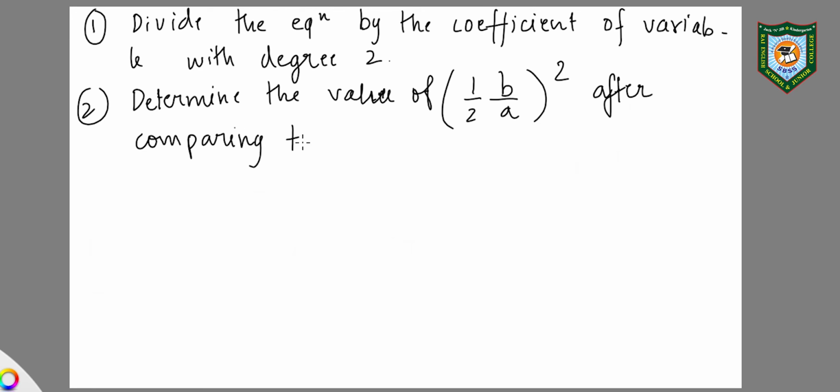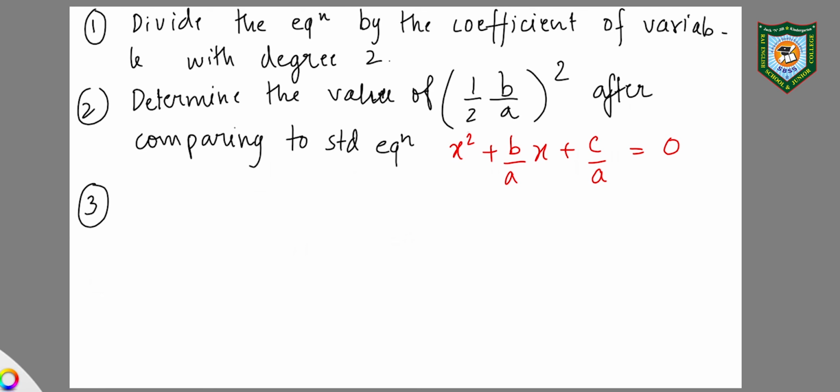Now remember, in the completing the square method, our standard equation is, I'll write this in a different color so you remember this, x square plus b by a x plus c by a is equal to 0. For the completing the square method only, this is my standard equation.